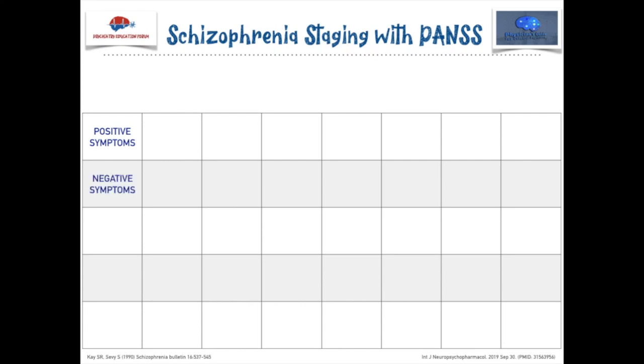Then negative symptoms are the second thing. There are many examples of negative symptoms. This includes emotional withdrawal, passive social withdrawal, active social avoidance, lack of spontaneity and flow of conversation. Blunted affect comes here.